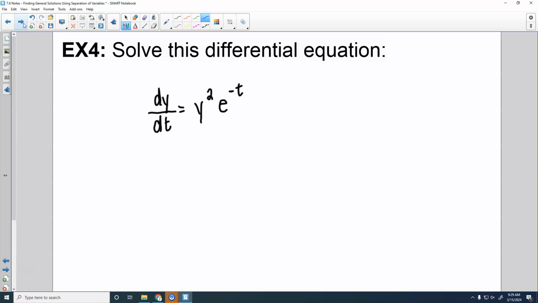You cannot solve this until variables are separated. What's the first thing I should do? Pretty much every time, multiply by dt. You cannot solve with the dt's or the dy's in the denominator, so we need to multiply by dt. So we got dy equals y squared e to the negative t dt.